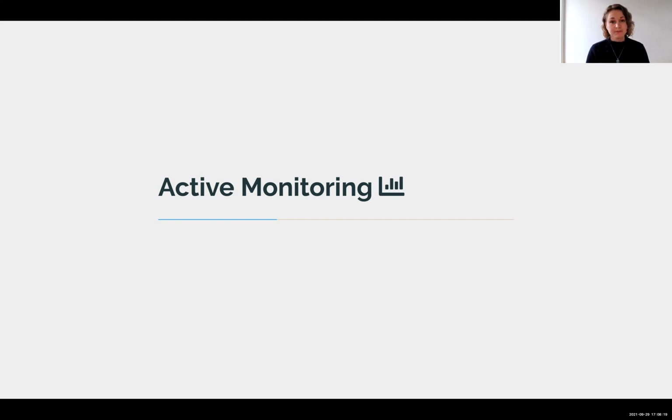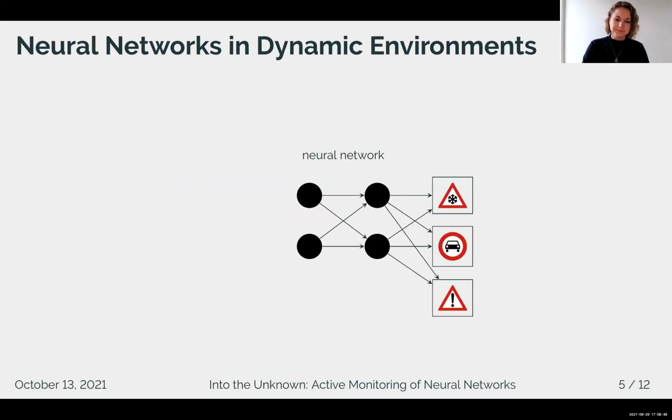Why is it active? Because when the neural network is already deployed, the novelties might be coming in very frequently. And it is not enough to just use a static monitor that detects novelties. Why? Because we need to identify what's novel and what's novel that we already know. So let me show you how we do it.